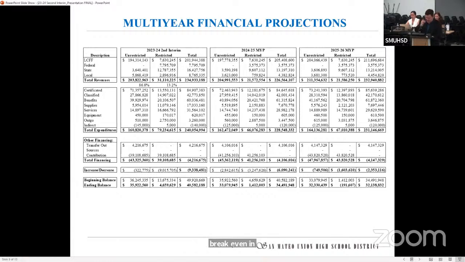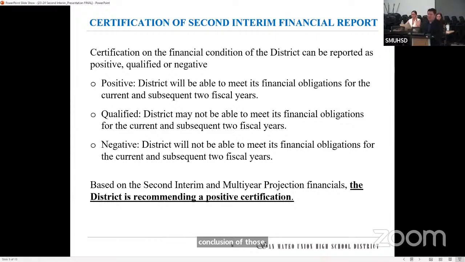One thing to note, we have a 3.5% increase in our property taxes included there, but we have not included yet the salary increase. So that will be updated as we come to conclusion of those negotiations with our labor partners. In terms of certification, each reporting period, the district must certify that it can meet its financial obligations for the current and 2 subsequent years.